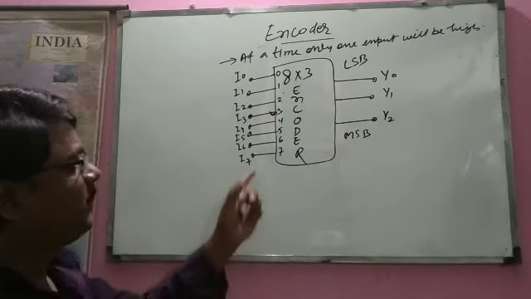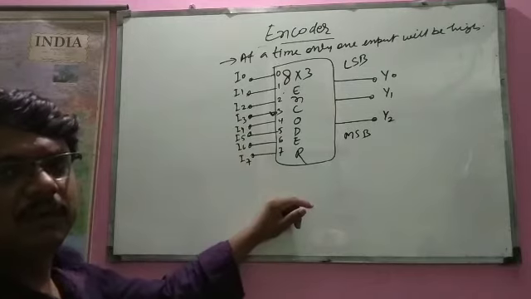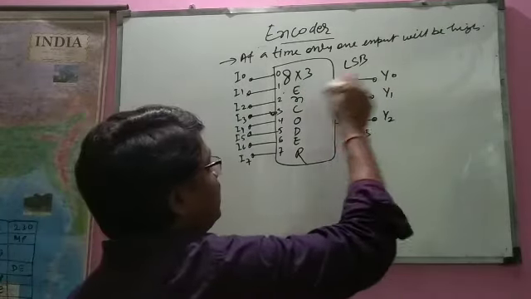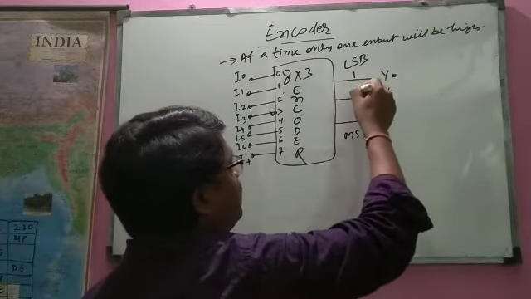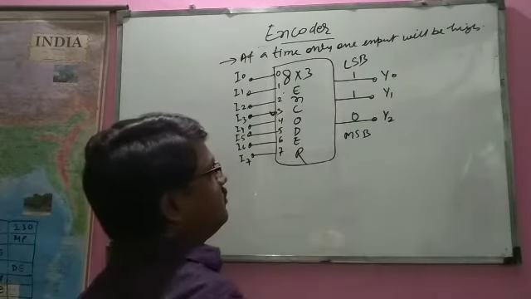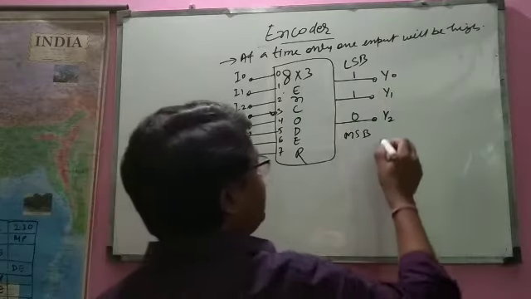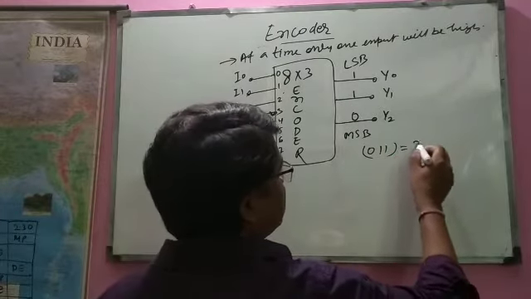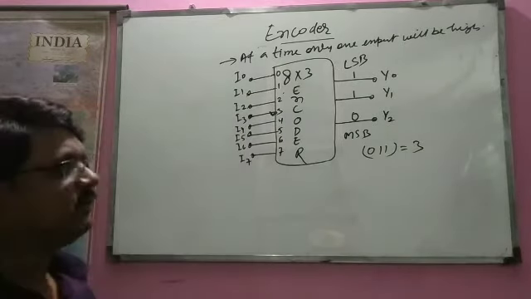Okay, so its binary equivalent will be equal to how much? So it is LSB, it will be 1, it will be 1 and it will be 0. So the binary number will be 0 1 1 and this is equal to 3. So that is very simple.